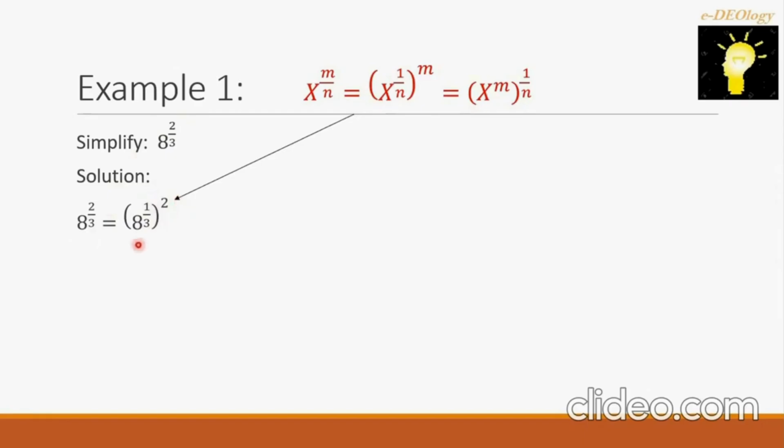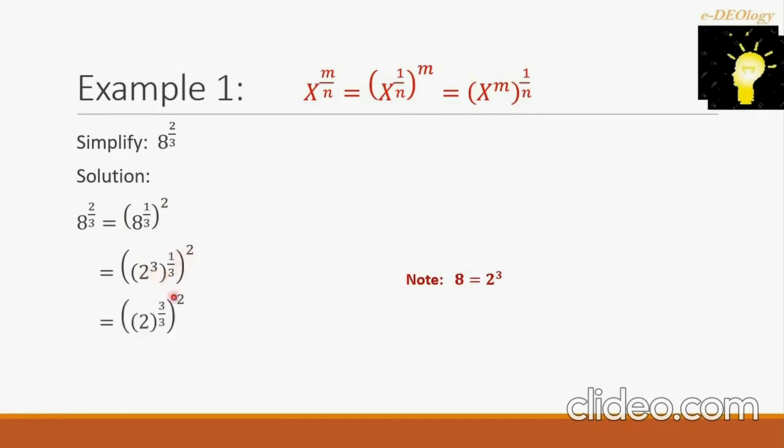The next step here is the number 8. We will show that it is equal to 2 cubed. So now it is 2 cubed raised to 1/3, and then all raised to power 2. The next step is we're going to multiply the exponent 3 with the 1/3.